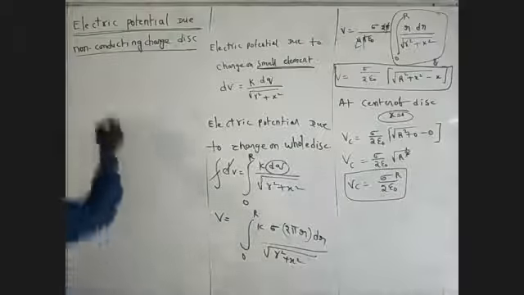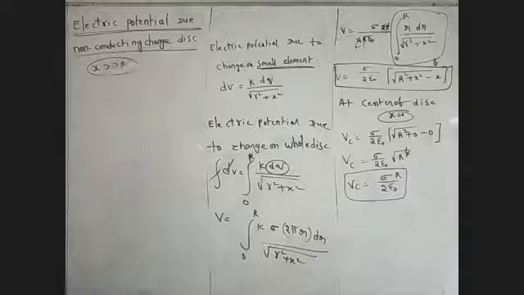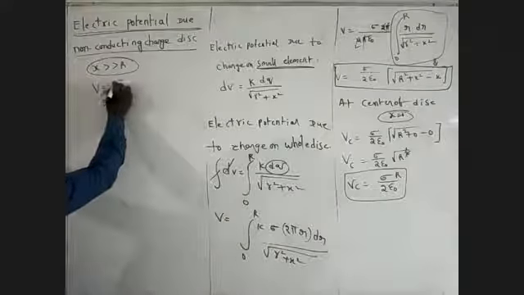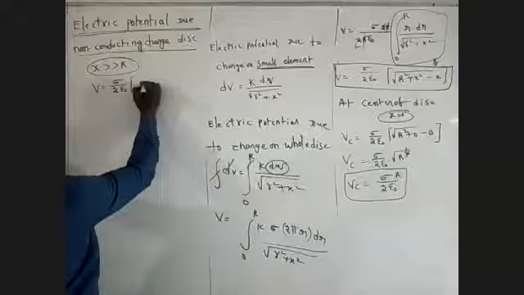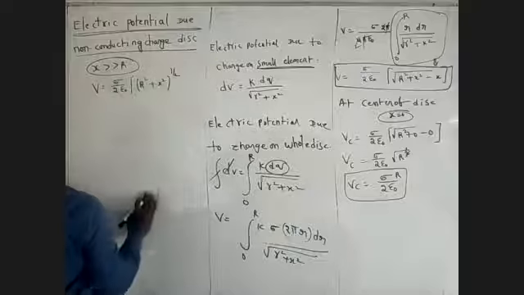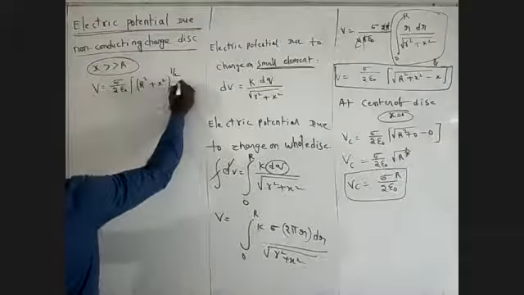So next, x much greater than 2R. I am checking that equation. So V is equal to sigma by 2 epsilon naught times the root, which I write as (R square plus x square) whole power of 1 by 2, minus x.